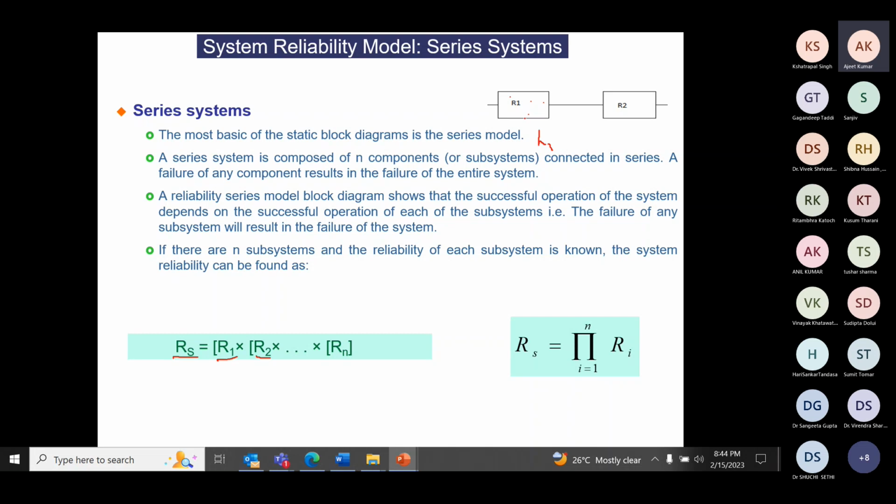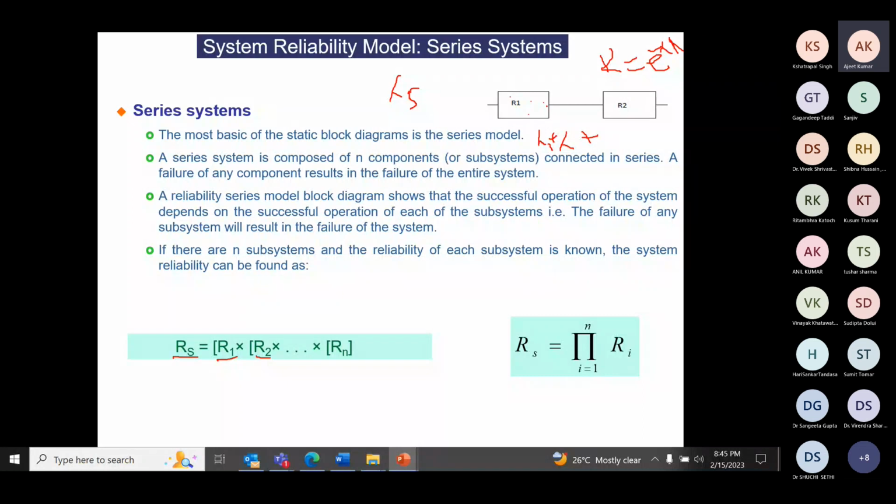Some formula is there: you sum all the failure rates, lambda 1 plus lambda 2 plus lambda 3, and so on, to find lambda s, the lambda of the system. Reliability R1 is equal to e to the power minus lambda t. So you can find it, but I'm not doing this here.